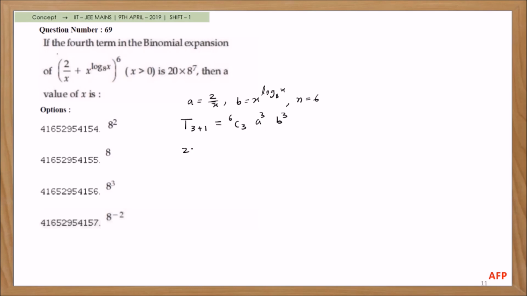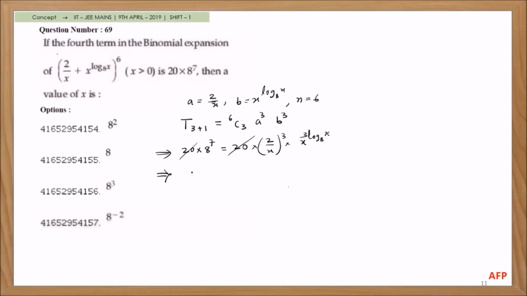So the fourth term is 20 into 8 raised to 7. 6c3 is 20, which we have. What is a? A is 2 by x, cubed. What is b? B is x raised to log of x to the base 8, and the power 3 we will multiply here. Okay, 20 will get cancelled.